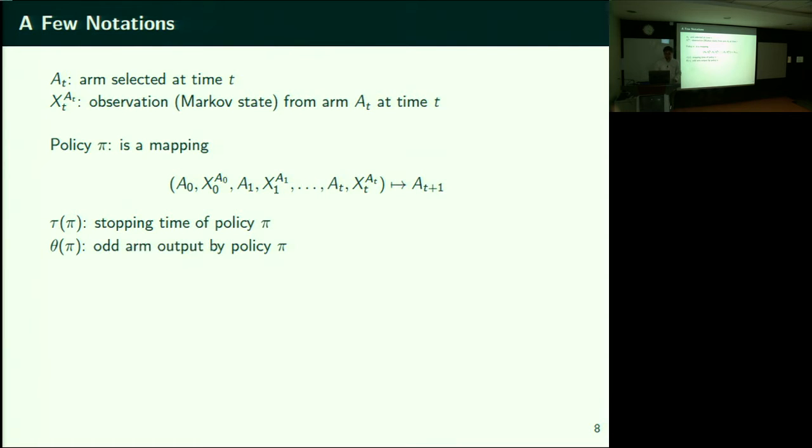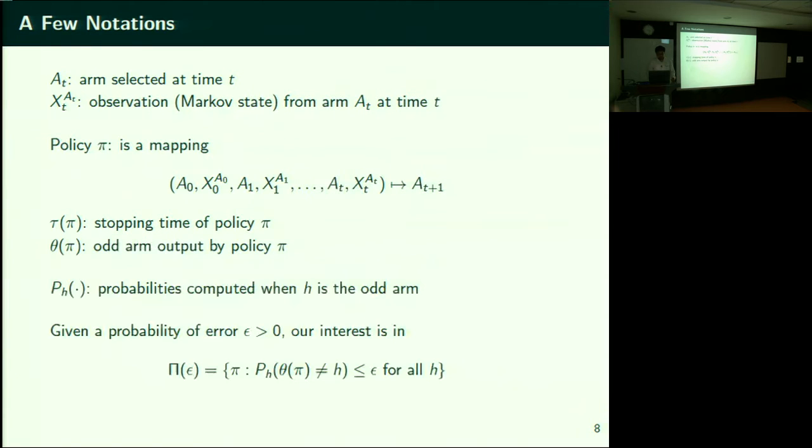Let's say policy pi stops at some random time tau of pi, at which time it's going to declare theta of pi, which is the odd movie according to whatever it has gauged based on all the information that it has acquired until now. Our interest is in all those policies which perform very well given a certain probability of error. You are given a probability of error, let's say epsilon.